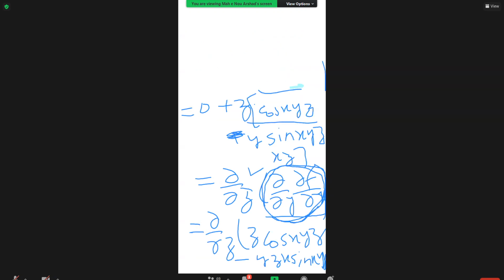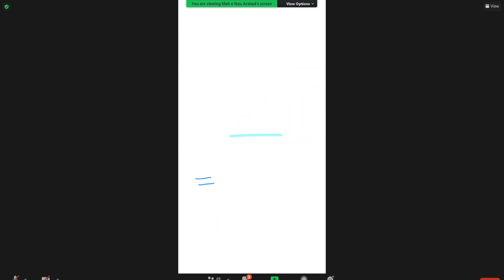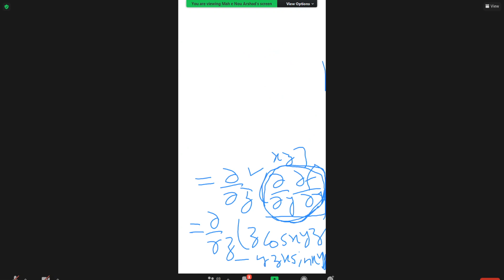Now I will have to calculate the derivative of this with respect to z. How will I take the derivative of this function? I will use the product rule. The derivative of z is equal to 1, and the derivative of cos xyz is minus sine xyz, and the derivative of xyz is xy.